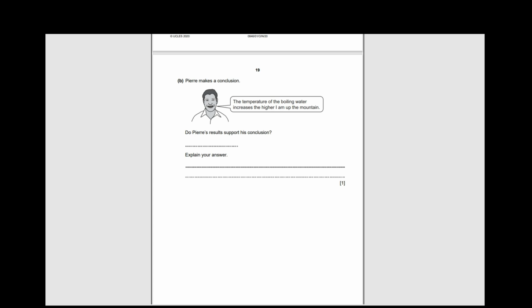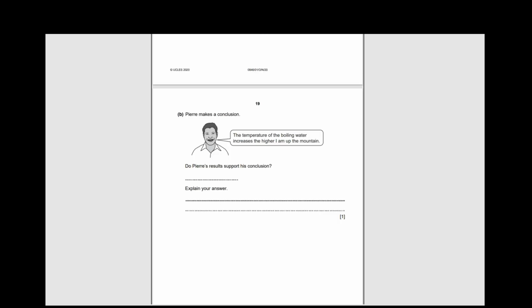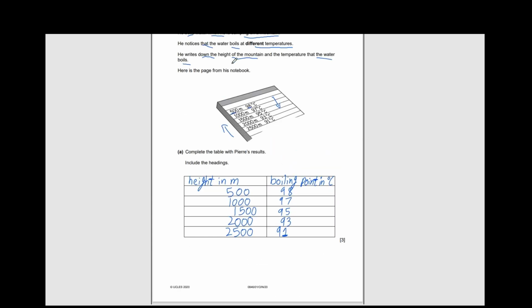All right. Pierre makes a conclusion. The temperature of the boiling water increases the higher I go up the mountain. Like I said, the higher you go, meaning the more the height in meters increases, the boiling point decreases.